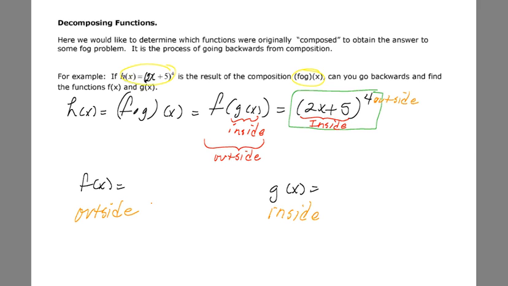Well, what did we say the inside looks like? 2x plus 5, so let's say g of x is 2x plus 5. We said the outside part was going to be a fourth power, but I can't just put a fourth power with nothing as my base, so I'm just going to say x to the fourth. Once you break it down into your two composites, we've decomposed it, check your answer.